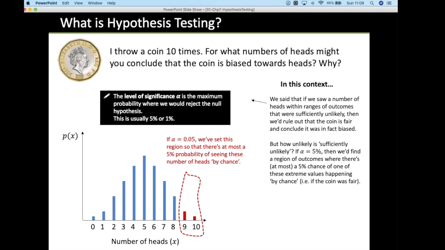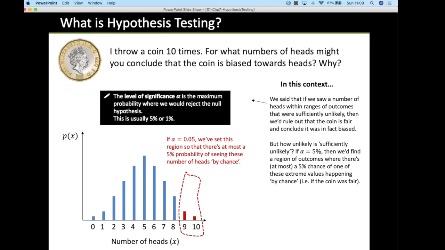So what we're saying here is that your level of significance is 5%, which means that if the outcomes that happen were 5% or below, then 5% is far too low a probability. The chance of getting 5% is 1 in 20.